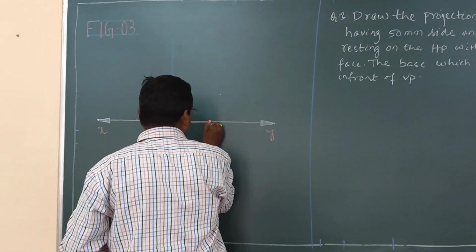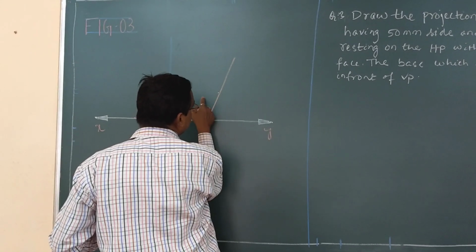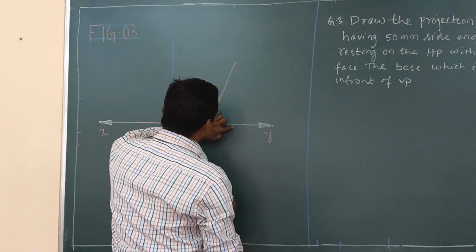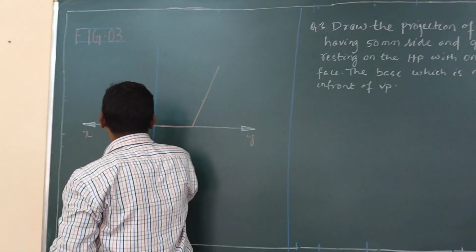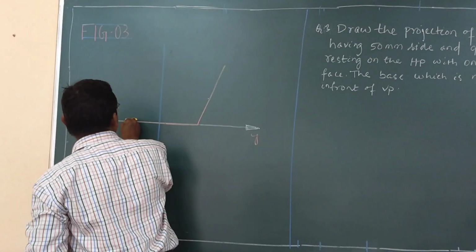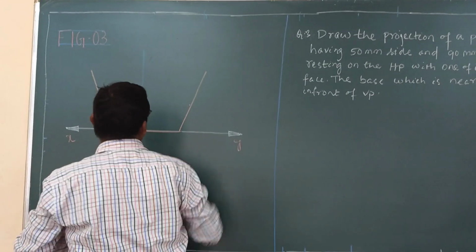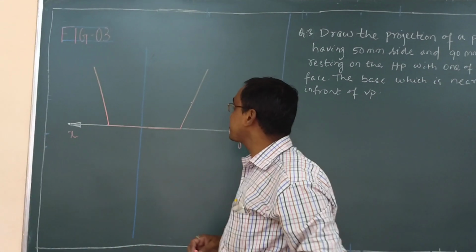Here you draw 72 degrees, this angle is 72 degrees, but don't mention it here. From the XY reference line, you draw this angle of 72 degrees. Here also 72 degrees, 72 degrees, 72 degrees, then cut 50, 50, 50, 50.